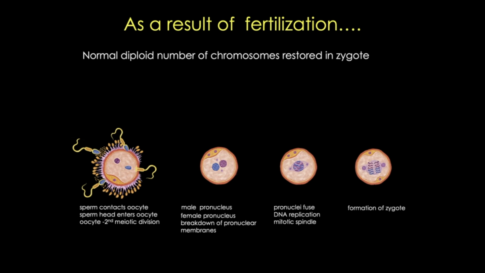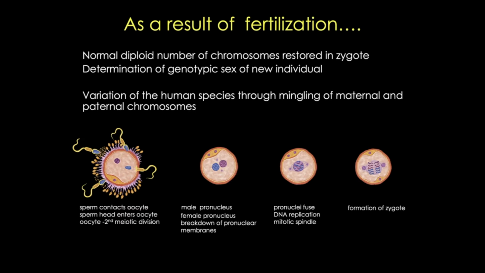Now this process is going to ensure biparental inheritance and is going to determine the genotypic sex of the new individual. Now both gametogenesis and fertilization contain steps to ensure genetic variation. This is through independent segregation of chromosomes during meiosis and recombination of genetic material, so crossing over, in the gametes, and the mingling of paternal and maternal chromosomes during fertilization.